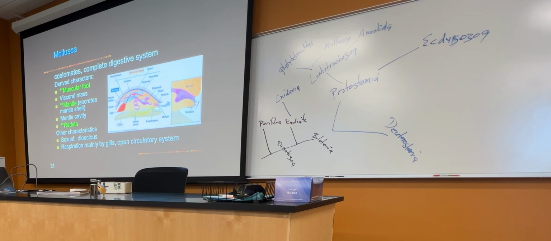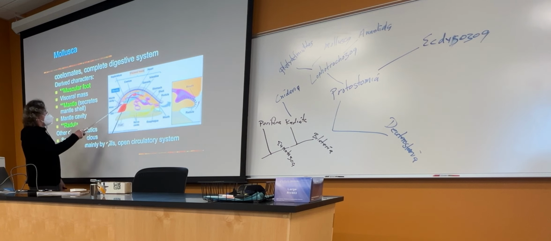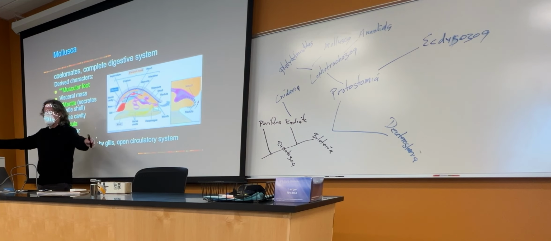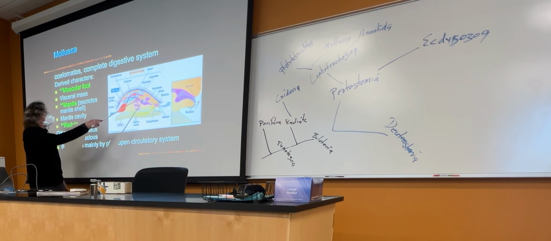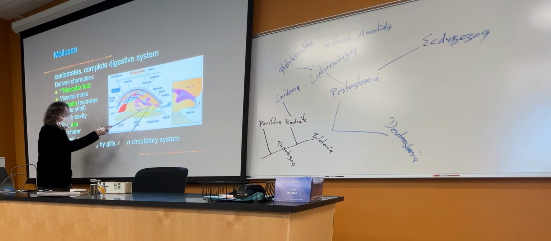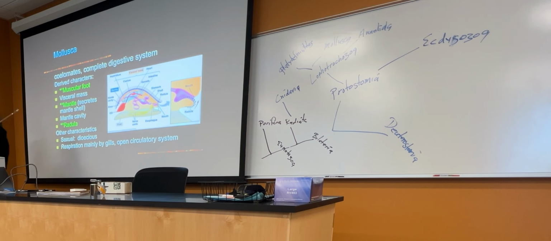So they do have a pump and a blood vessel, but that blood vessel just opens into the body cavity, so that it will take in body fluids and just keep the body fluids circulating, but that body fluid is not contained in blood vessels. That's an open circulatory system. So those are some characteristics that they have.